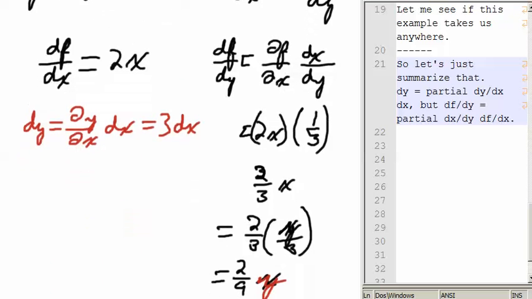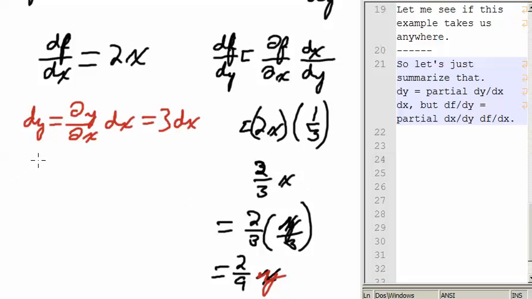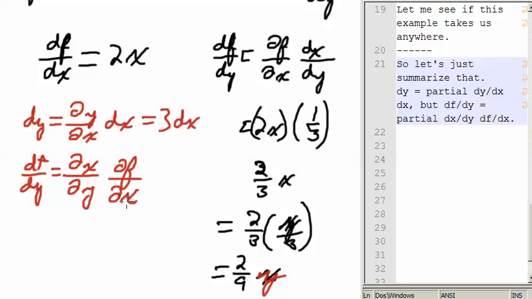But then come down here, and we've got df/dy is equal to del x/del y times del f/del x, which was 1/3 times 2x. Now that still hadn't been converted over into the y units at that time.